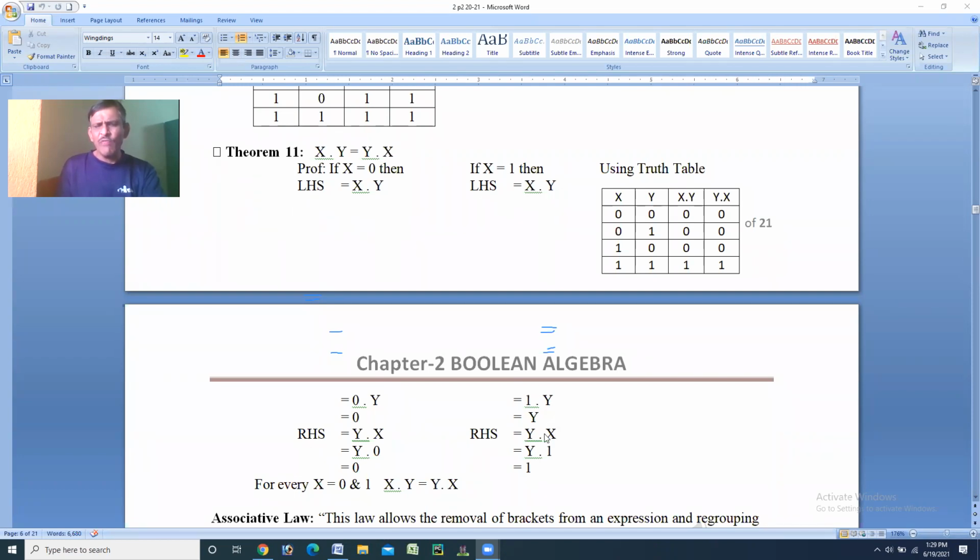Now substitute the value of x as 1. So y dot 1, that is nothing but again what we'll get is y only. So y dot 1 is y. So in both the cases, when x equal to 1, we got LHS equal to y and RHS equal to y. Hence, the theorem is proved algebraically.